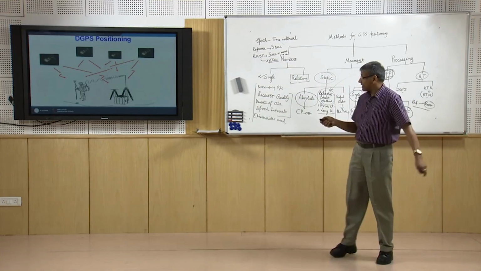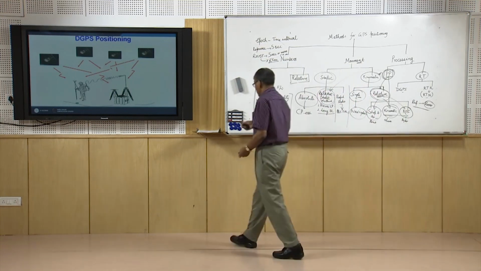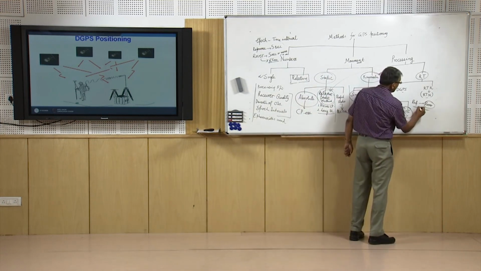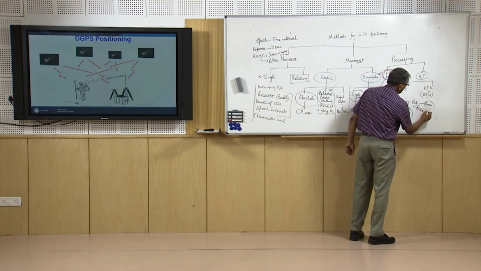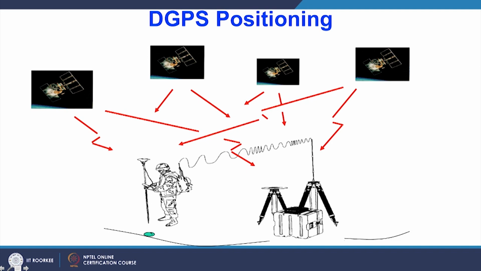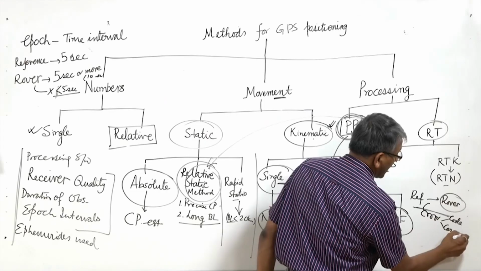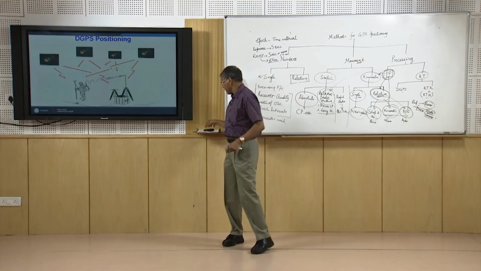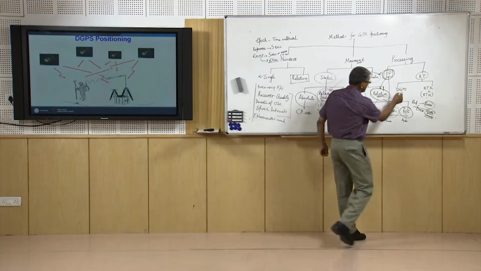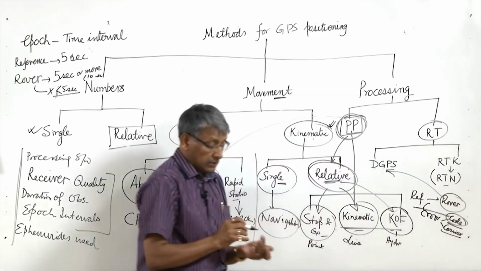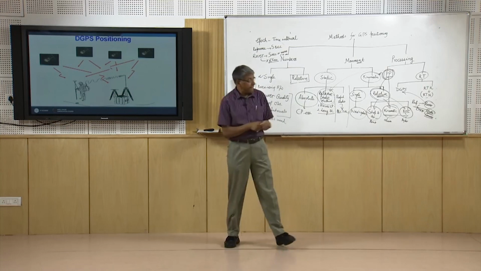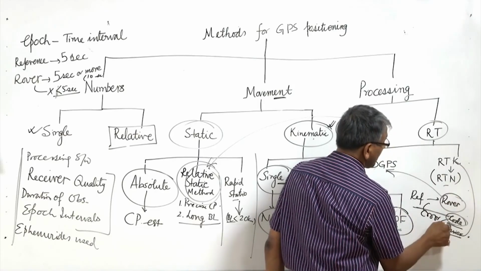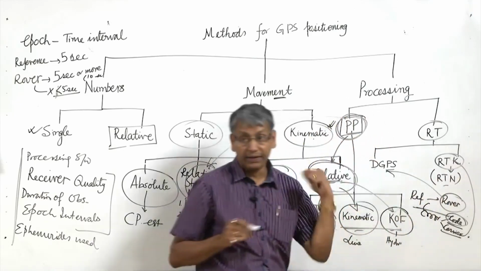So this is the fundamentals, and depending upon the errors, this error may be computed from code or from carrier. If the error message is computed from code, then it is called DGPS, differential GPS, and if the error message is prepared from carrier phase, then it is called real time kinematic.